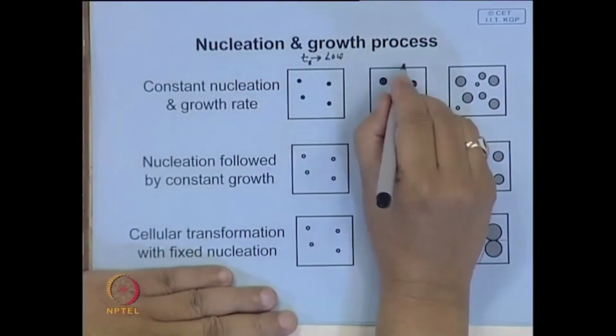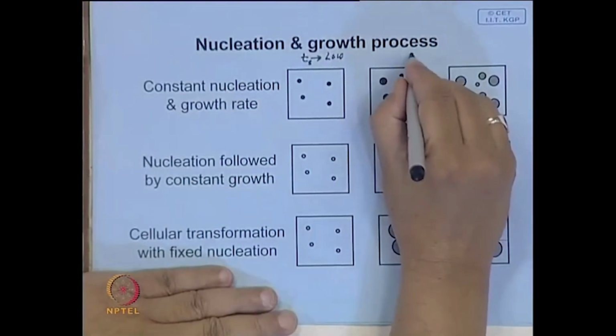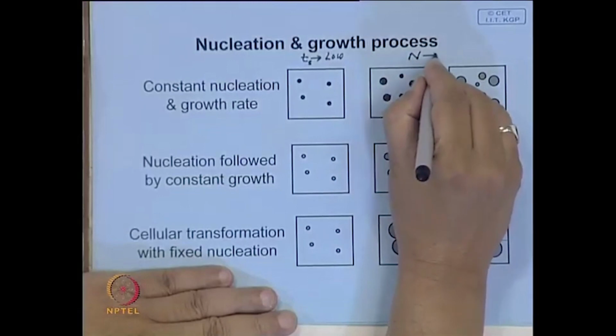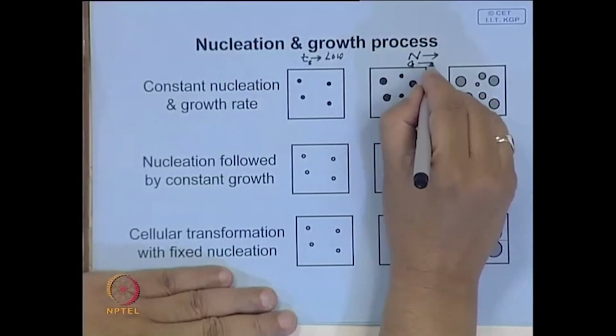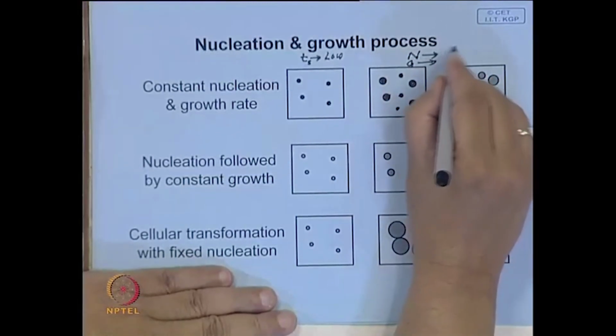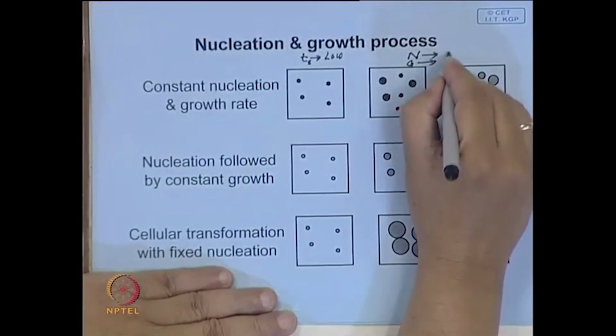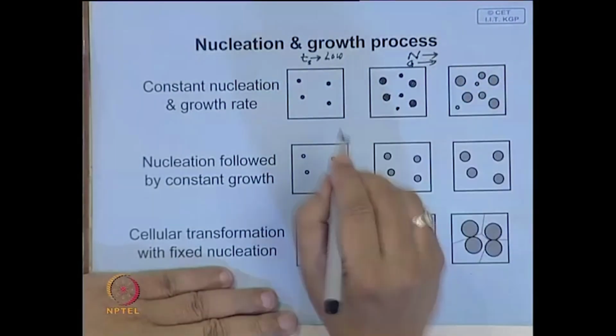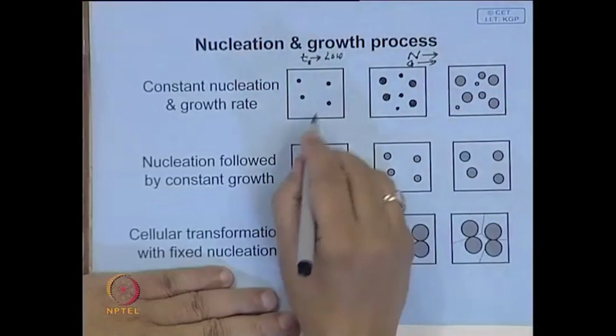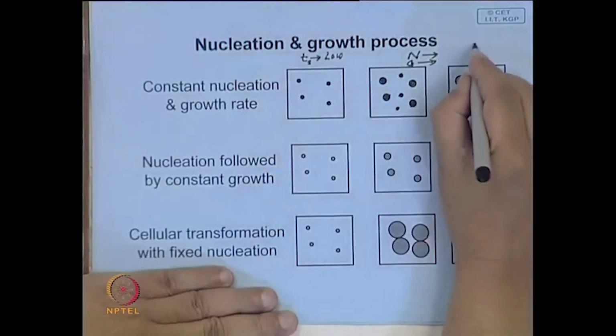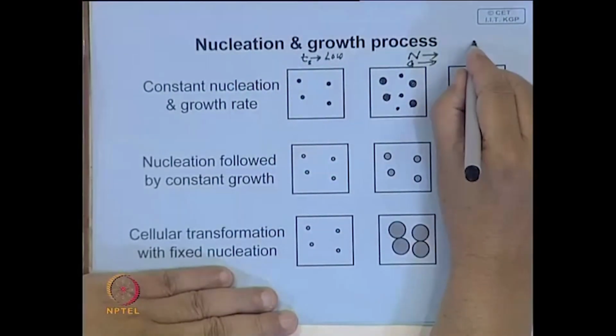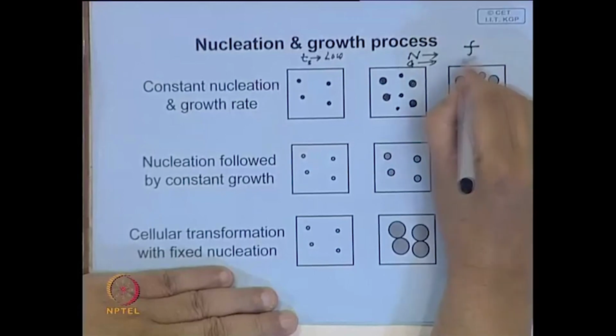So, you have 2 parallel processes taking place, nucleation and growth, and with a very simple assumption, that means constant nucleation rate and constant growth rate, it is possible to find out the amount of transformation that has taken place, that is, the fraction transformed.